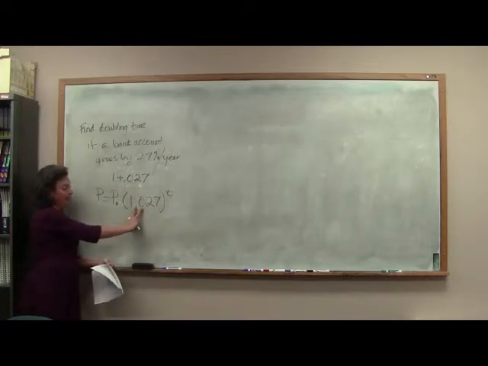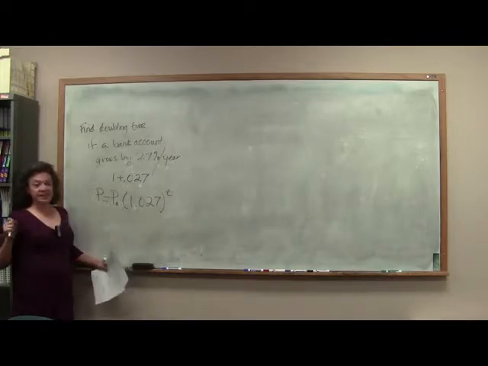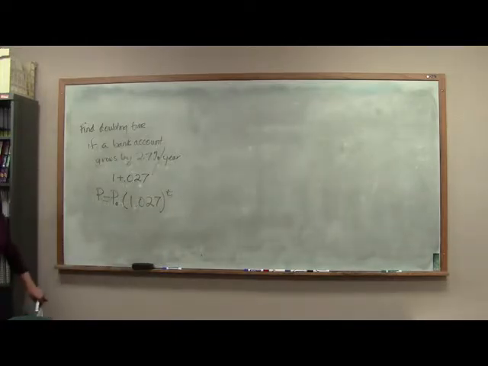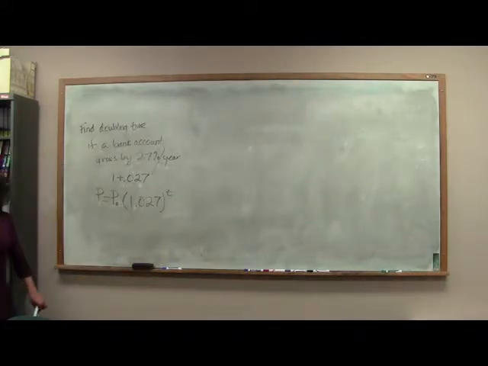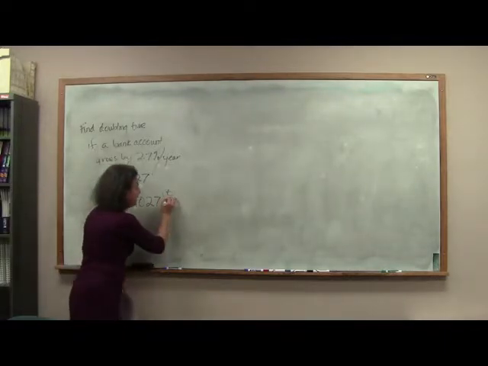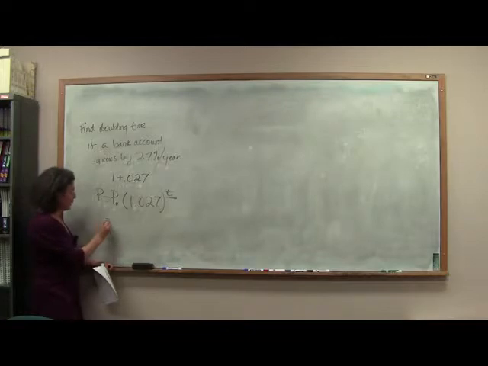Again, I got my base just by here. Now, I want to find the doubling time. Remember, the doubling time is the time it takes for the original amount, or any amount really, to double. Okay? In other words, we want to find the time. Therefore, we better be given information about this, and I claim we are.